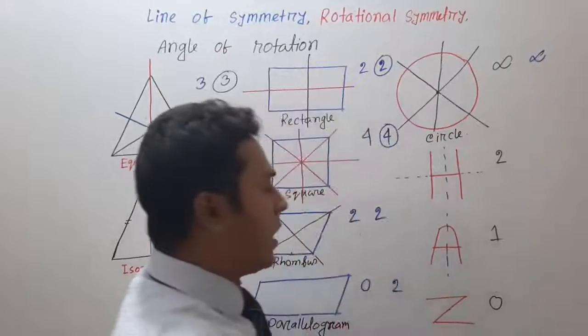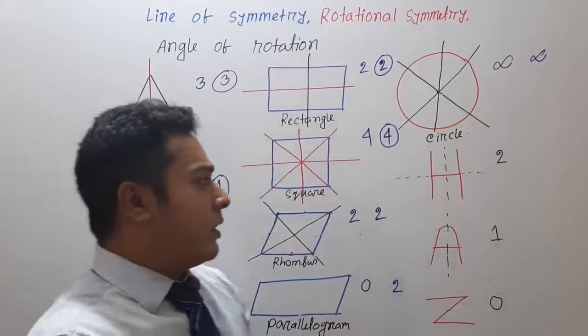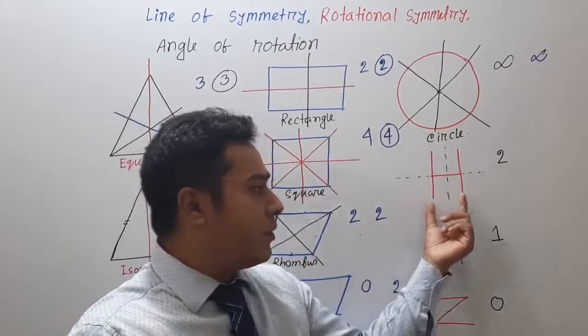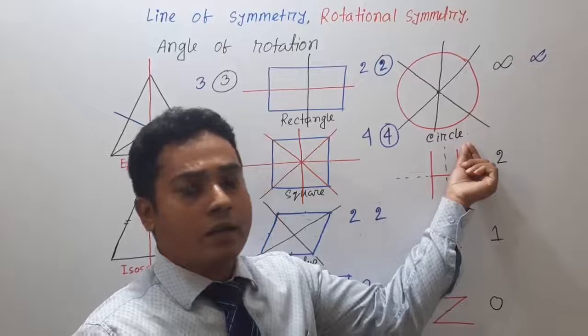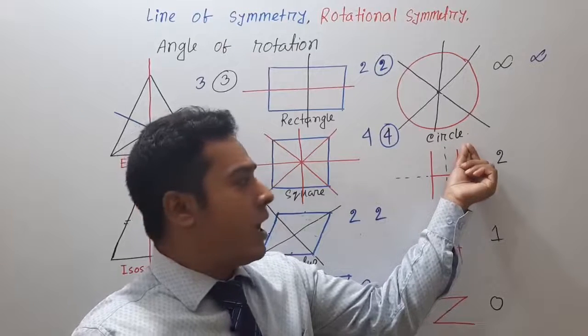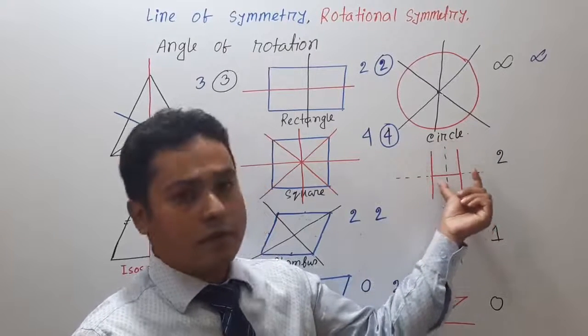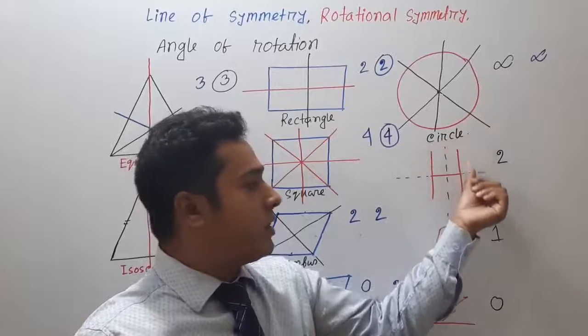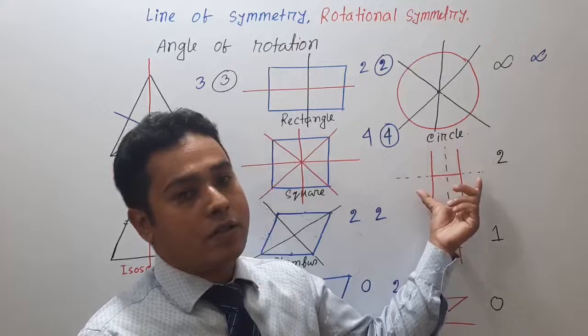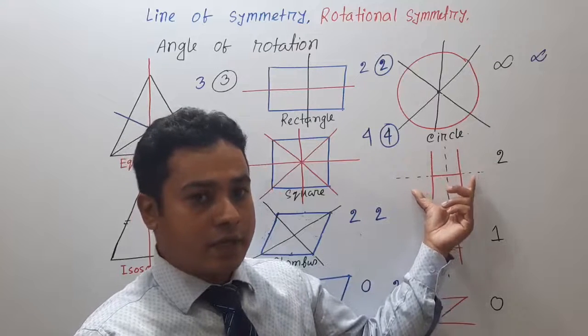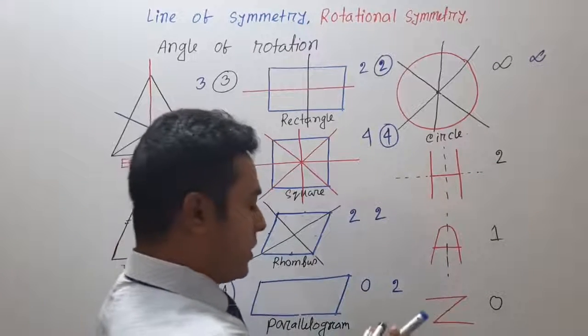Okay, but for the English alphabet H, the first time we rotate about this point, this goes to this point, and the original shape will be changed. After another rotation, the original shape will be repeated. So it also has rotational symmetry.